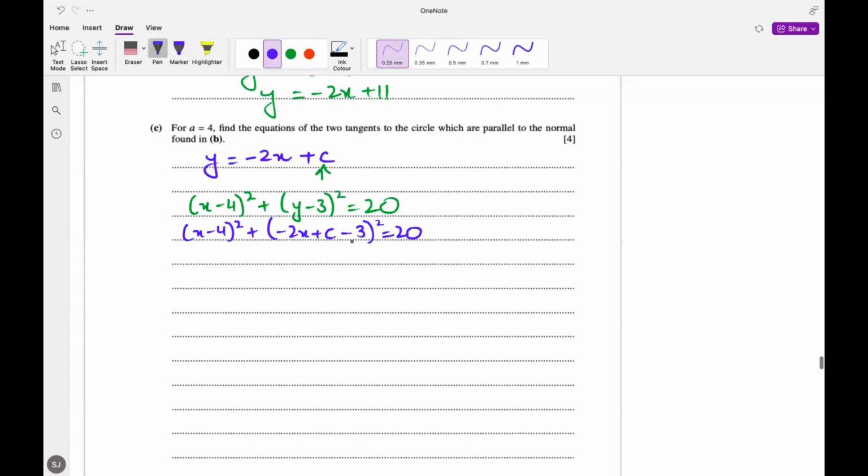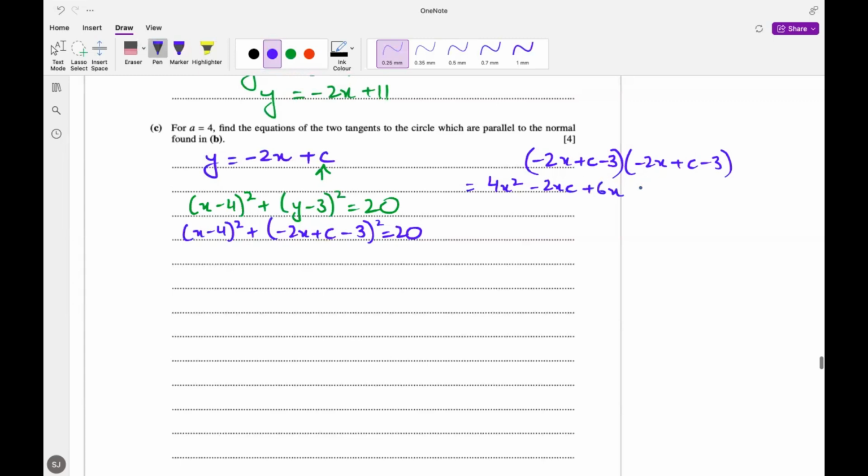Now to expand (-2x + c - 3) whole squared, we can write it as (-2x + c - 3) multiplied by (-2x + c - 3). Expanding this, we'll get -2x into -2x will become a plus 4x squared. -2x into c will become a minus 2xc. -2x into -3 will become a plus 6x.